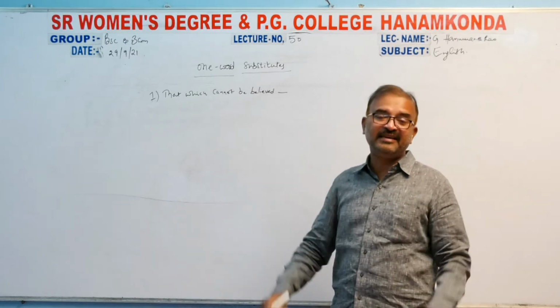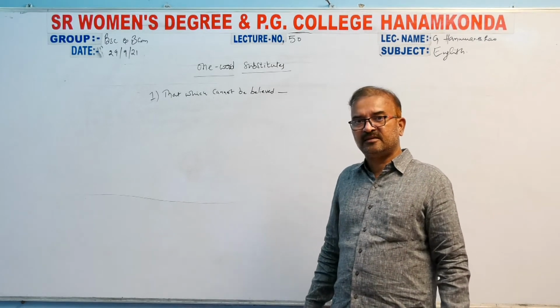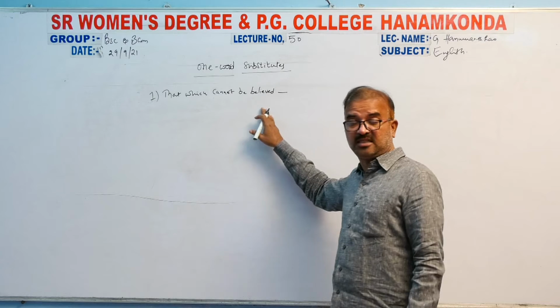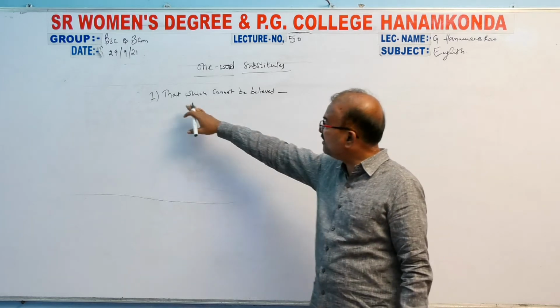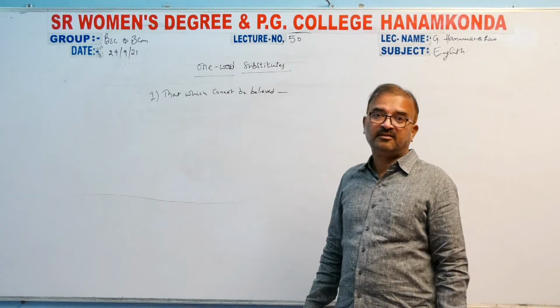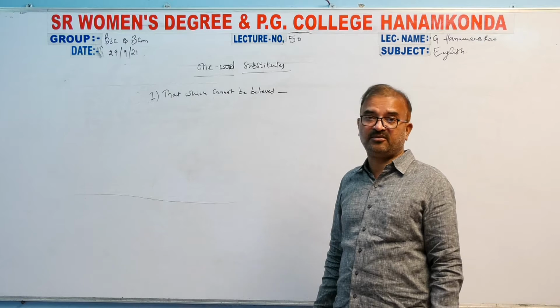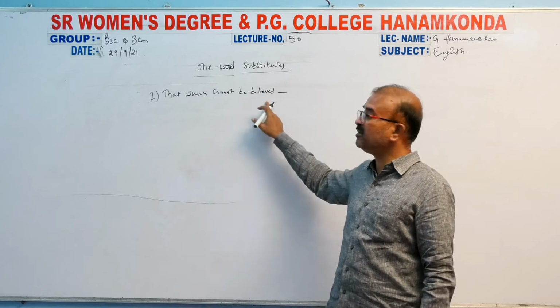This is called a lengthy explanation. Instead of using all these words, instead of using this lengthy line, you can give a one-word explanation to this one. What is that? That which cannot be believed.